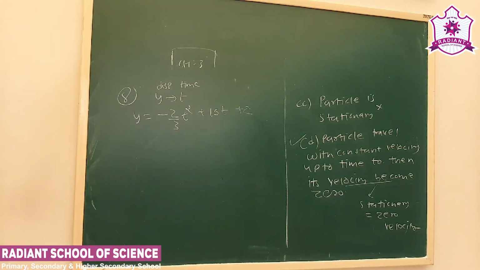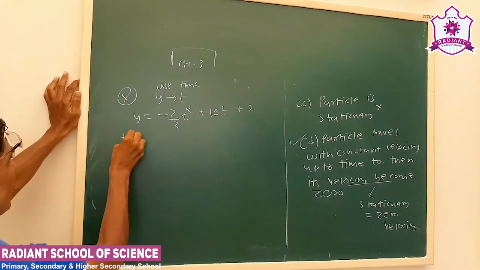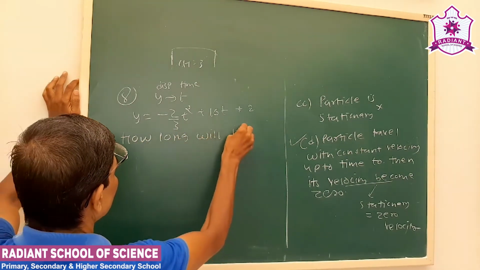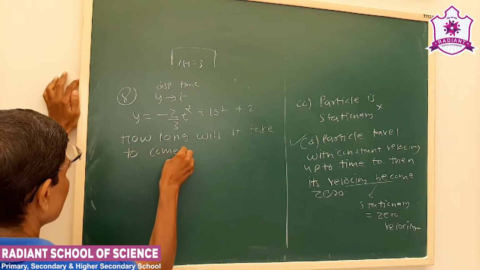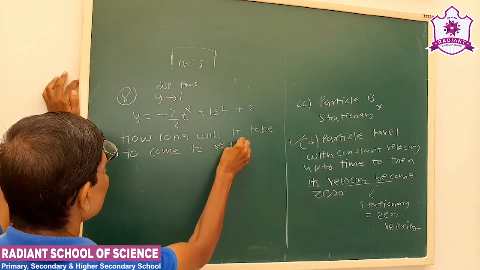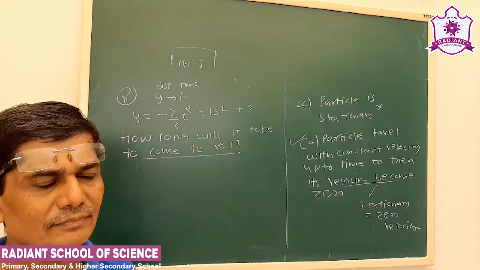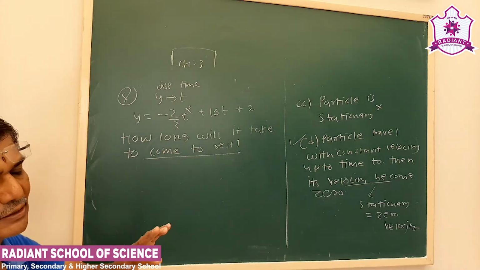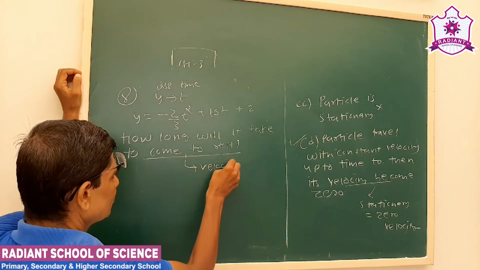Now the question says, how long will it take to come to rest? We know it always asks for the time. Coming to rest means it becomes stationary, or we can say the velocity becomes 0.